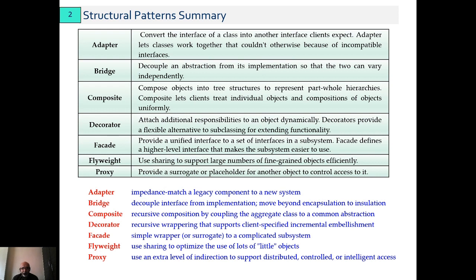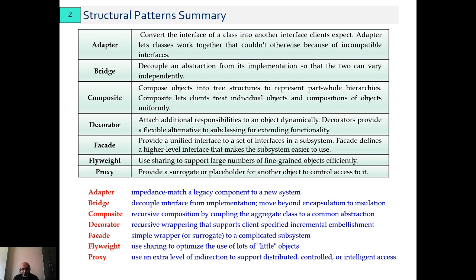The short forms have been mentioned in the next list. Adapter: impedance match a legacy component. Bridge: decoupling interface from implementation, that is, mechanism versus method, moving beyond encapsulation to insulation. Insulation adds to the protection of the object.